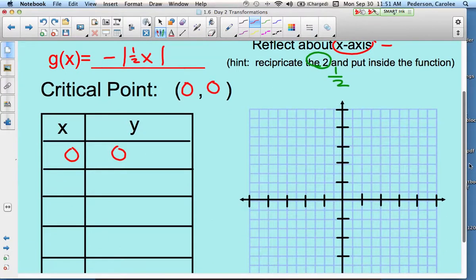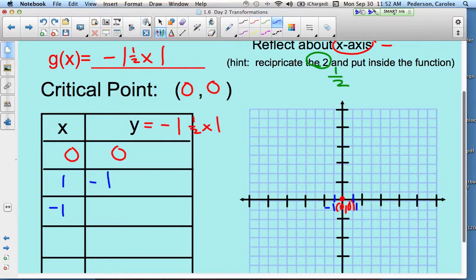So let's graph that critical point, 0, 0. Now we're going to pick a number to the right and one to the left, 1 and negative 1, and evaluate the function. So again, we're evaluating it for the new function.